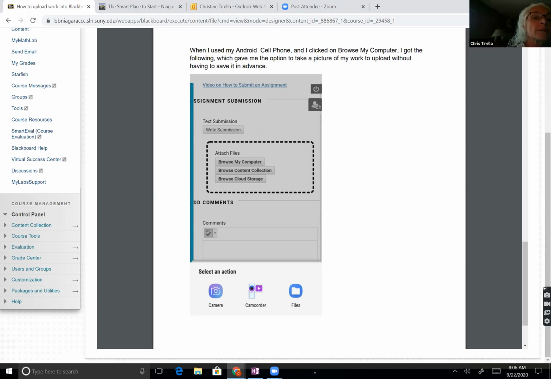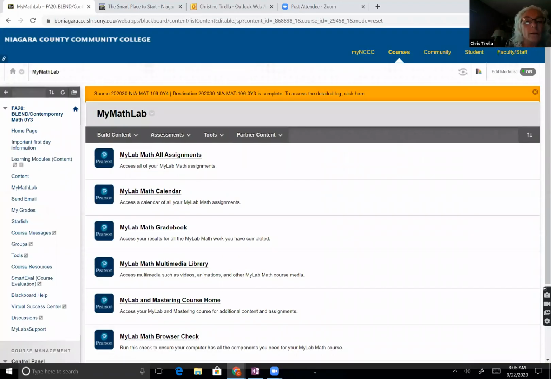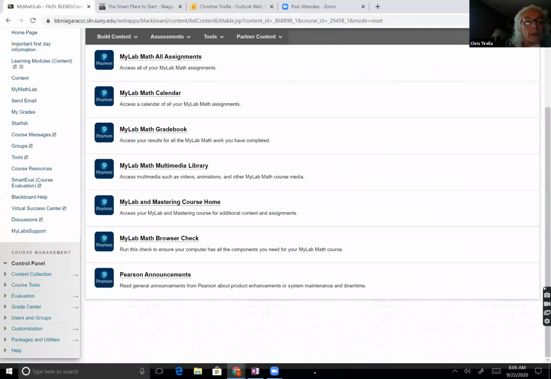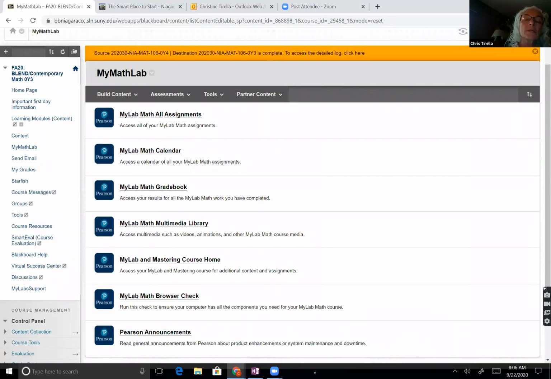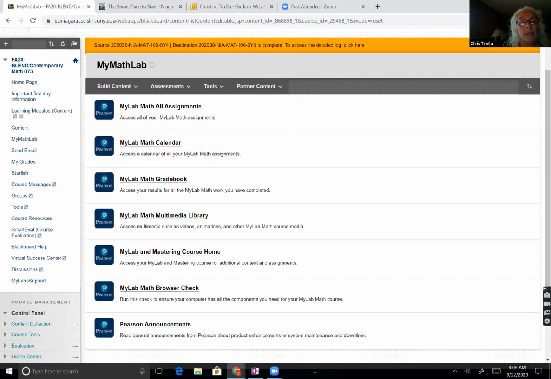But again, the test itself is in MyLab, in all assignments, but it won't show up. It'll be right after homework 5, but it won't show up until after class time today.